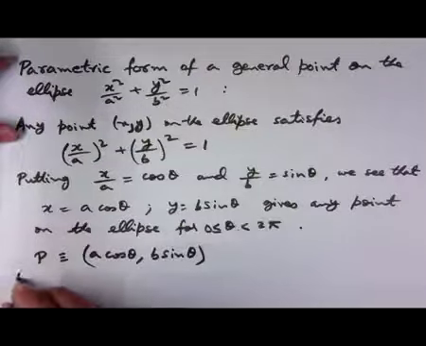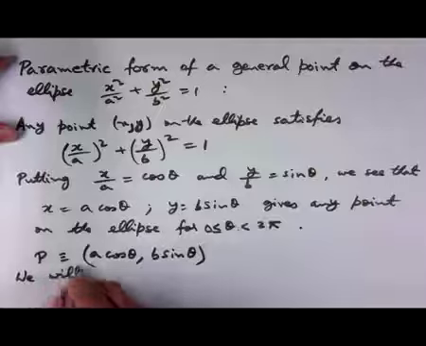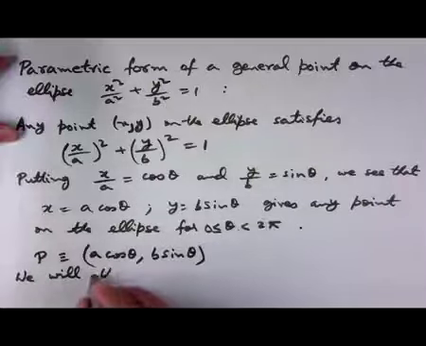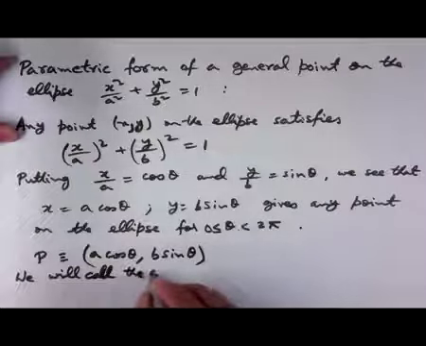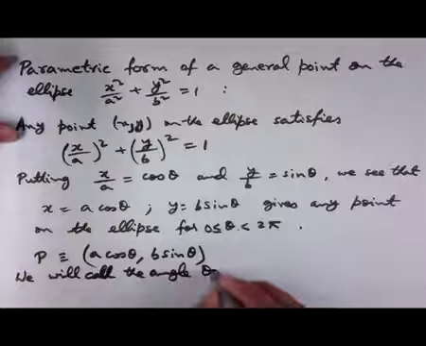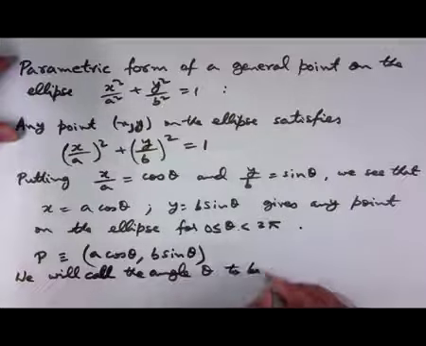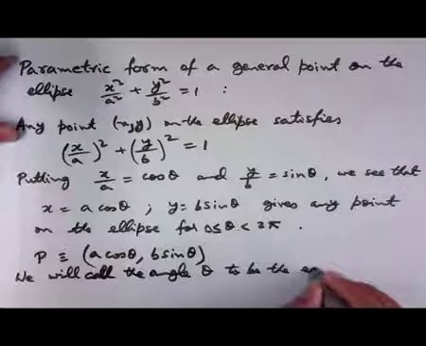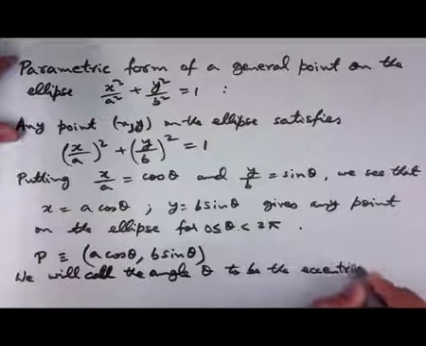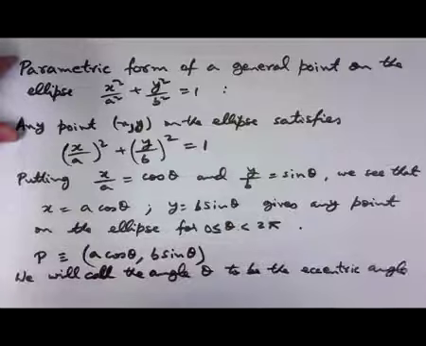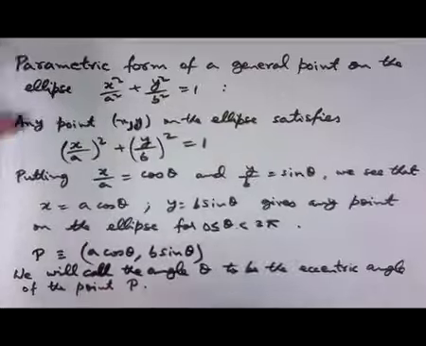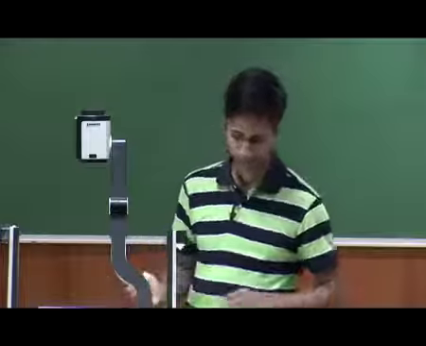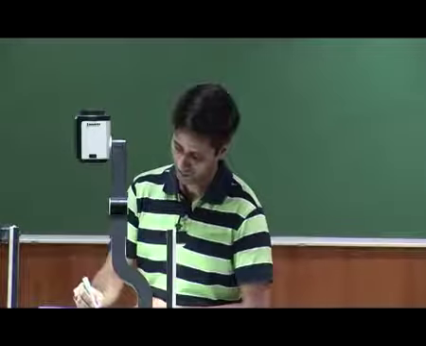We will call the angle theta to be the eccentric angle of the point P. So, let us draw the ellipse.